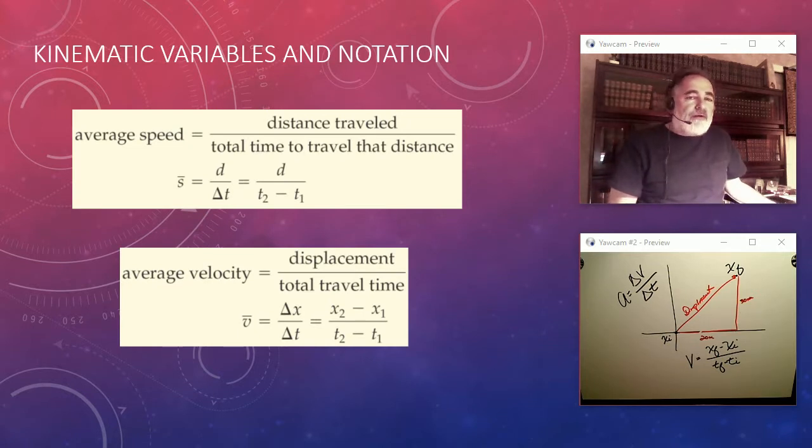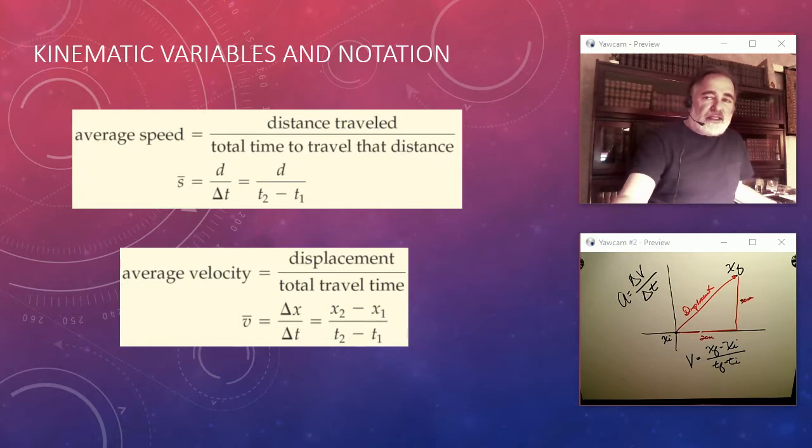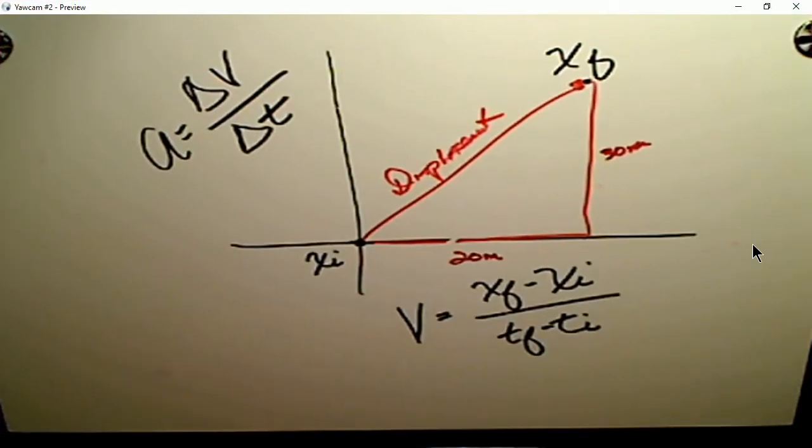We can look at average speed and average velocity. Again, the difference between them is both of them are divided by the total time for that particular traveling, whether it be displacement or distance. But let's look at something a little more complex.